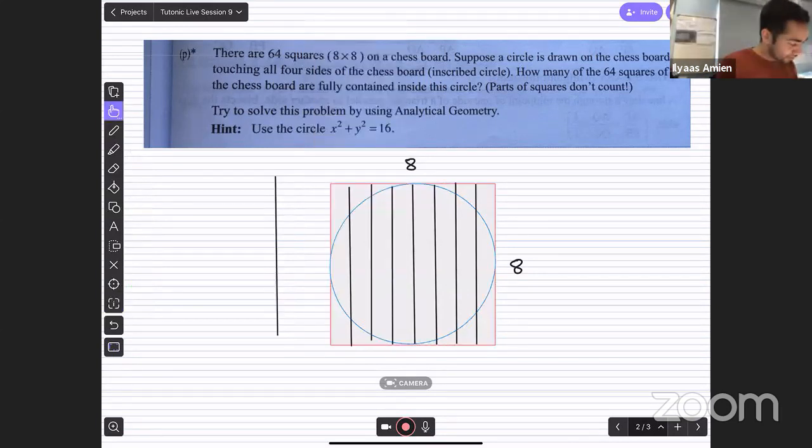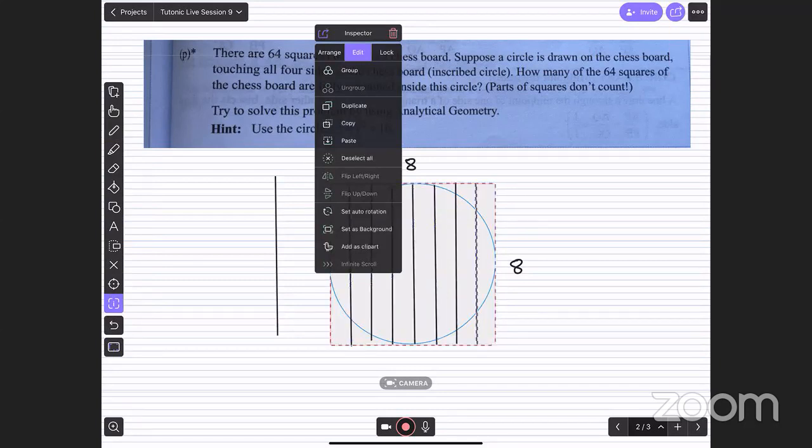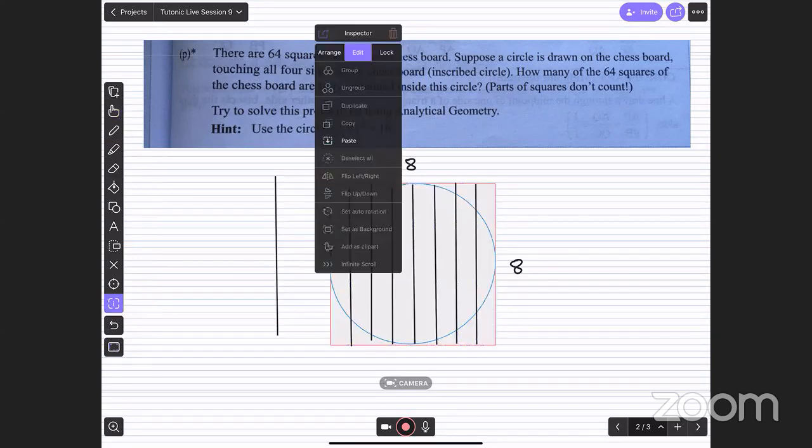Actually, let's try this, make it easier for ourselves. Click that there. It doesn't matter if the circle gets selected because it'll just be the same as the circle.